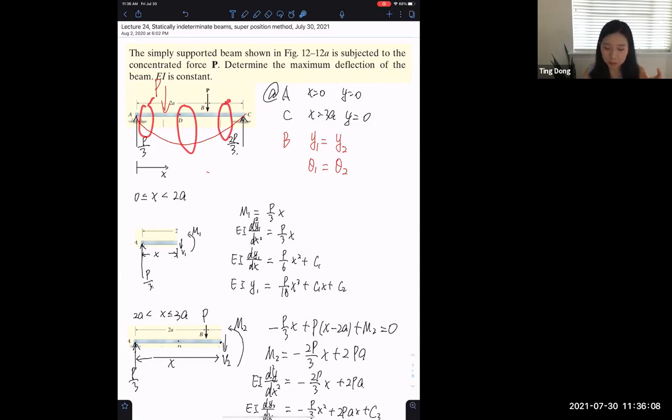But then you will find that in the first section, you set it equal to 0 and solve for x, and x in the end is not within these 2 points. And same thing, if you set this equation, the theta, the dy/dx, equal to 0, you will find that when you solve for x, the answer will not be between 2a and 3a.